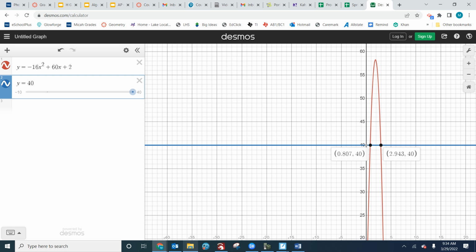Subtract them. That'll tell you how many seconds the ball was above 40 feet. So what'd you get? It's almost 2.1, right? So about 2.1 seconds that ball was above 40 feet.